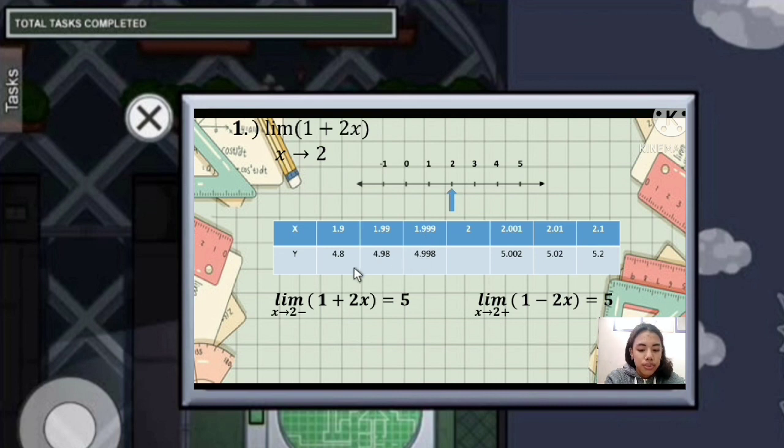Substitute to our function. Our answers are 4.8, 4.98, 4.998. You can choose any number for our x value as long as it approaches 2. From the left, we can see our y is approaching 5.